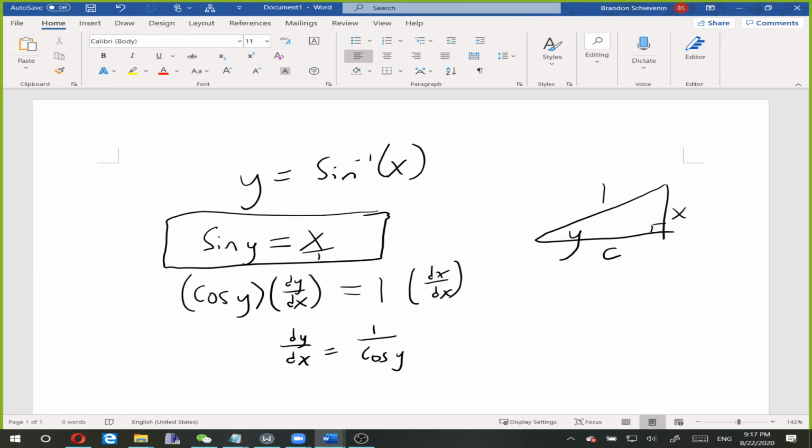So I used SOHCAHTOA in order to build the triangle, but right now I need to solve for a side length. This is Pythagorean's theorem. If you want to solve for C, how can I set this up? Close. I'm going to set this up again.